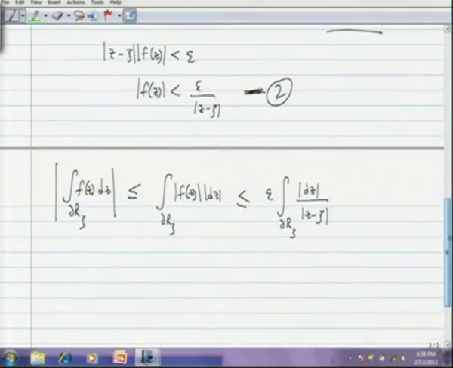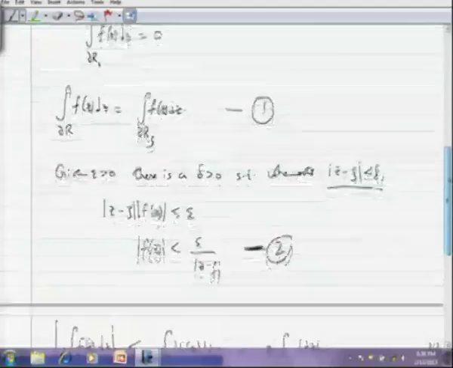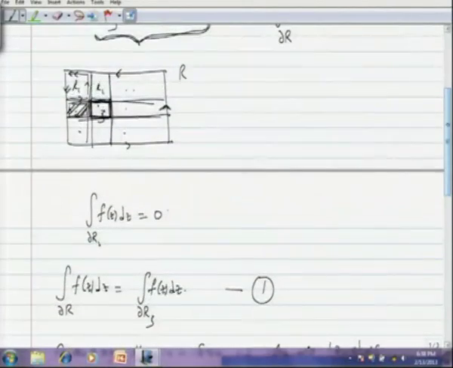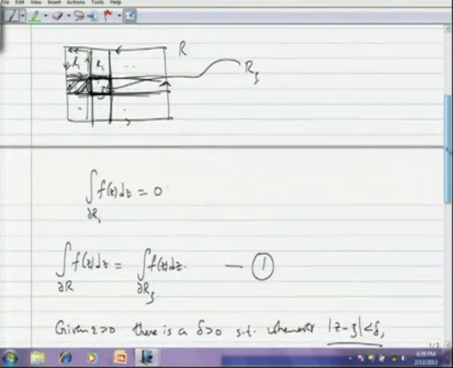So, by choosing R zeta to be small enough, I can always adjust these vertical lines to make this R zeta as small as possible. That is the rectangle R zeta. I can make it a square centered at zeta, and I can make it as small as I like.